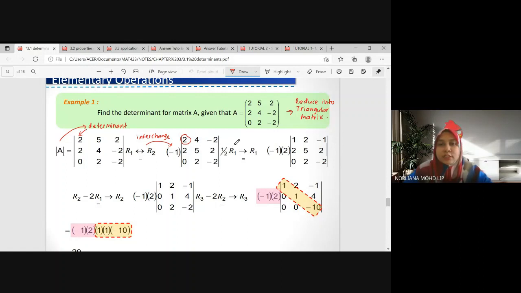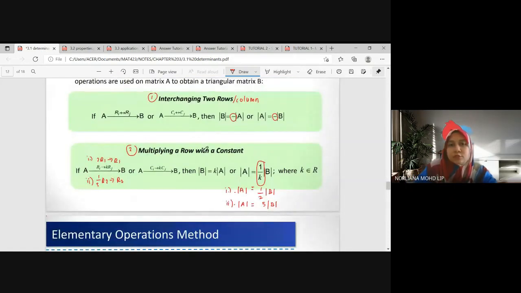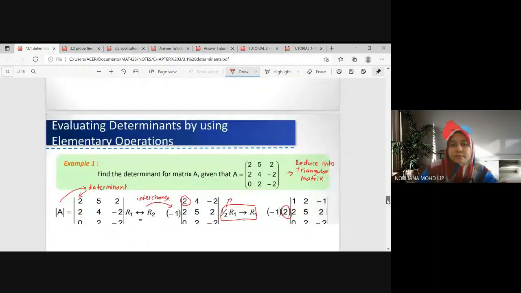If we use this operation, we have to multiply by 2. Earlier, following operation number 2, multiplying a row with a constant, if 1 over 2, then we get 2 times the determinant of B.